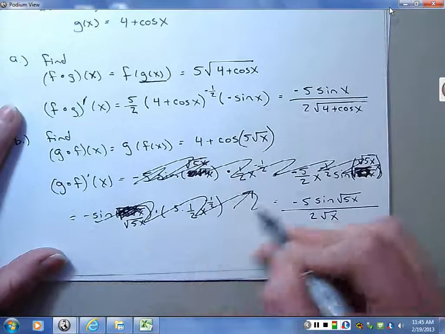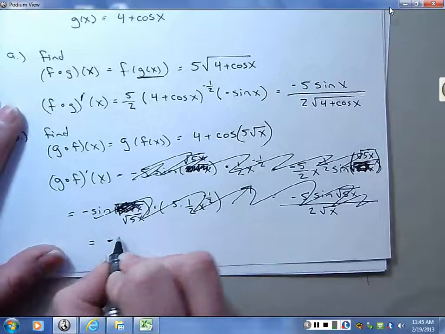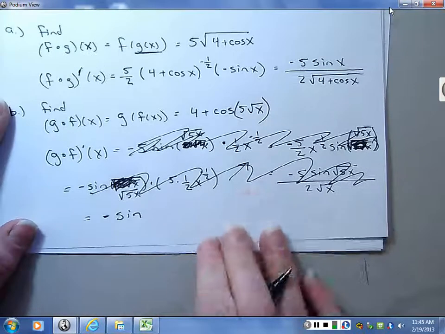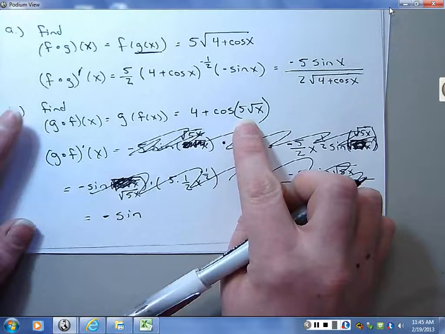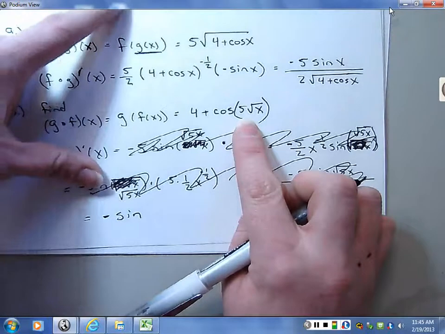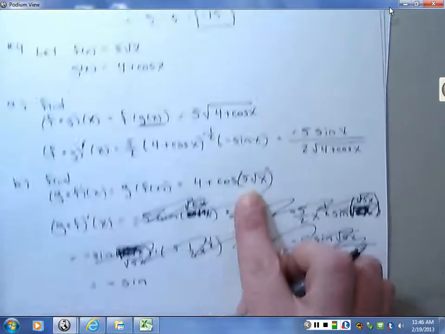Okay, so let's just write this here. Minus sine. Your g of x wrong. Did I? Yeah, because your f of x was 5 square root of x. That's what it would have been in the beginning. So, yeah, I think I figured out what I did.